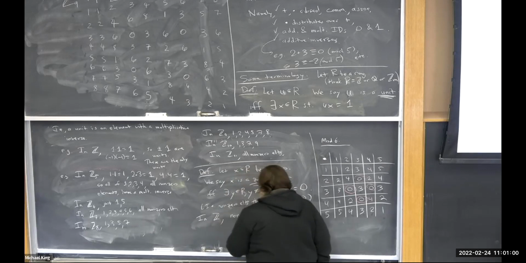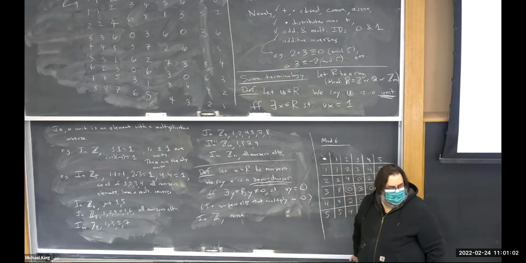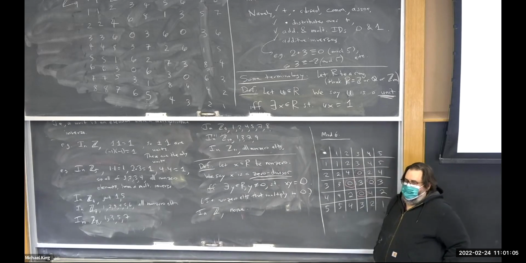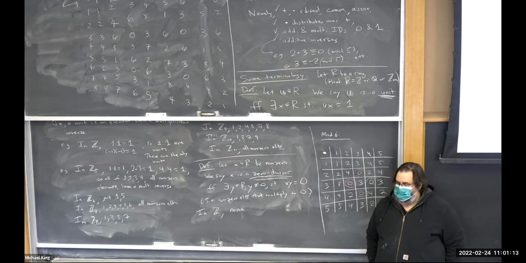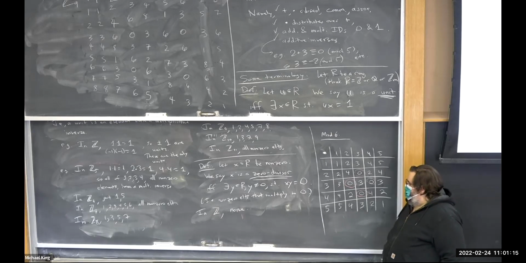There are no zero divisors in the integers. If a is not 0, then there's no way to make a times b equal to 0. In Z5, there weren't any, I think. We saw there weren't any.